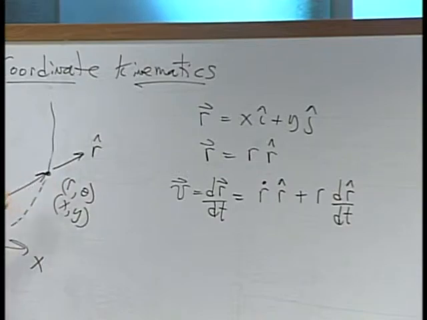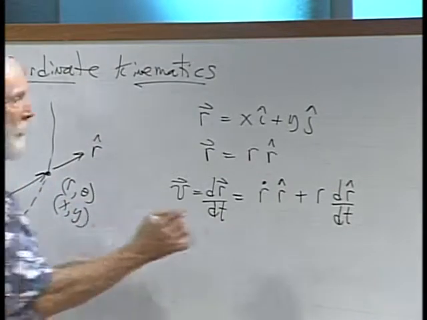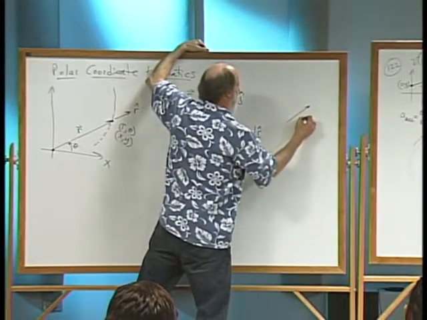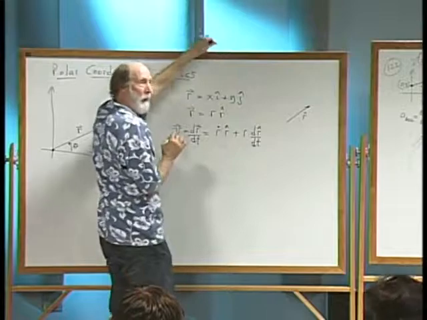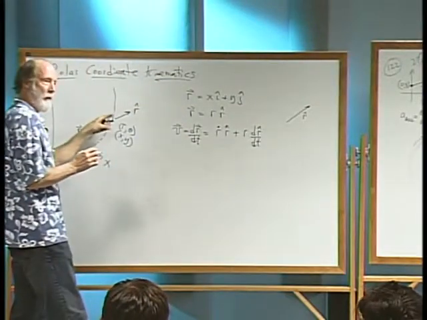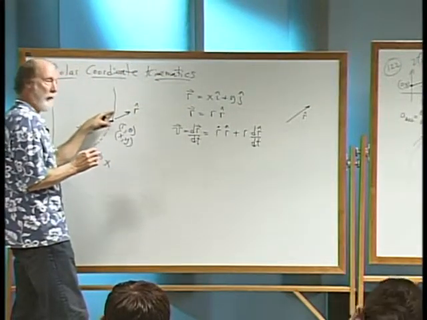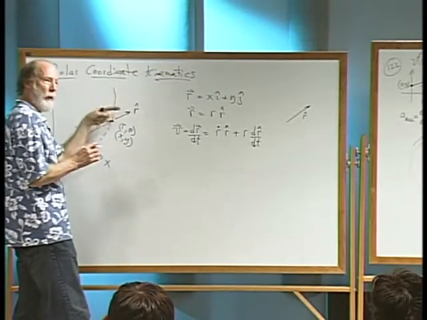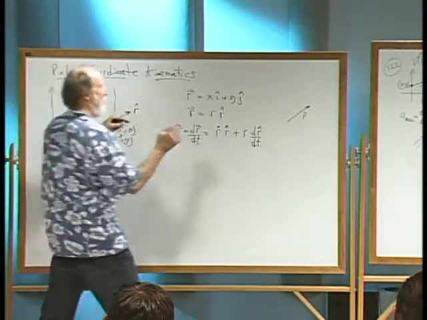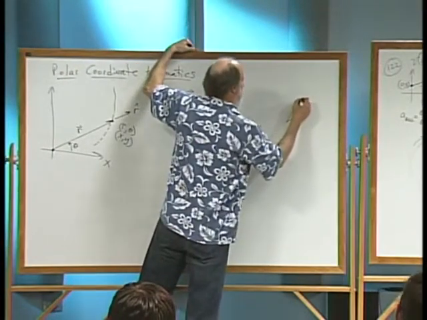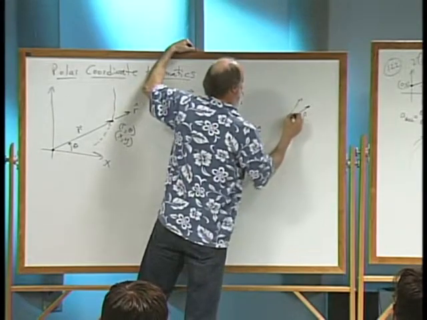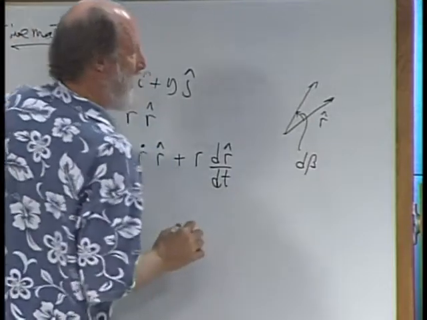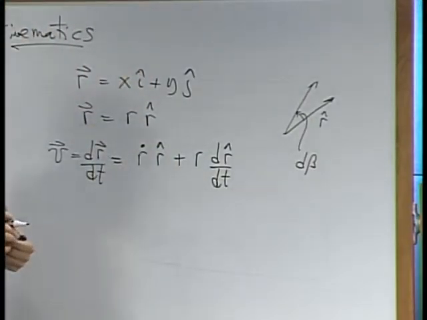We have to do the same idea here. So, at a particular instant, r hat is pointing that way. After a little bit of motion, a differential amount of motion ds along this arc, r hat is now rotated through a slight rotation angle. We called that just the other day d beta, differential rotation angle.